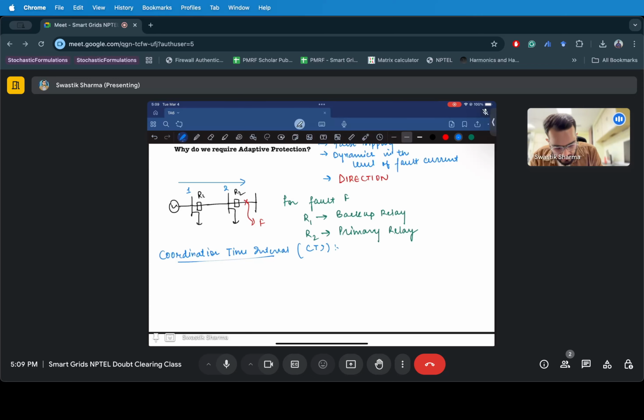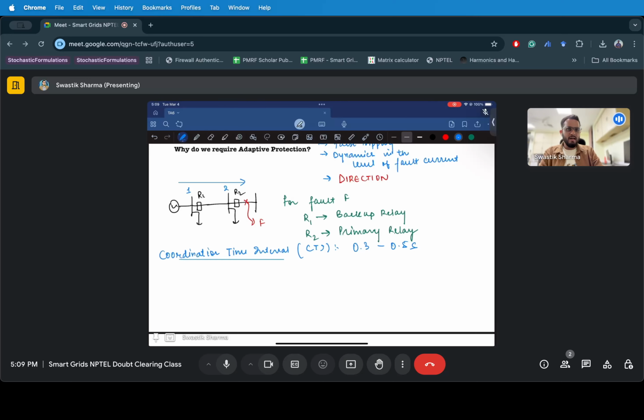It talks about the minimum time gap between both of the relays before they are made operational, right? And this is generally between 0.3 to 0.5 seconds.